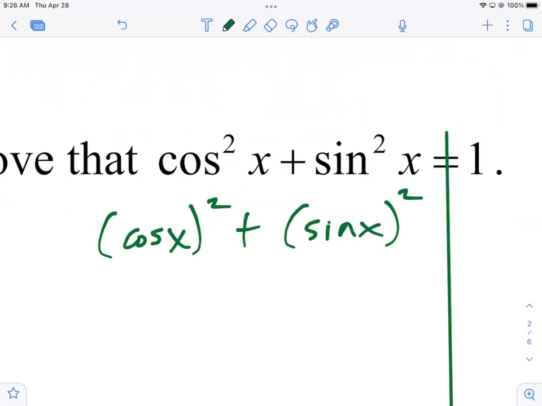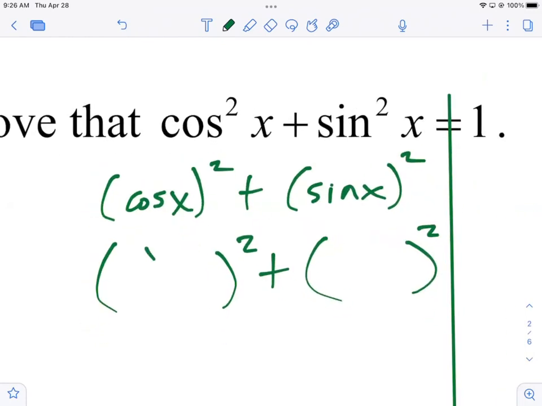Now, because it's a fundamental identity again, we're going to replace this with their definitions in terms of x, y, and r. So it's still cosine squared plus sine squared, but let's write their definitions. What is cosine in terms of x, y, and r? X over r. And what's sine? Y over r. So you don't have to write the reasons off to the side so long as you're showing the step.